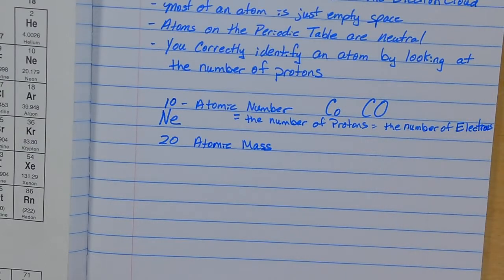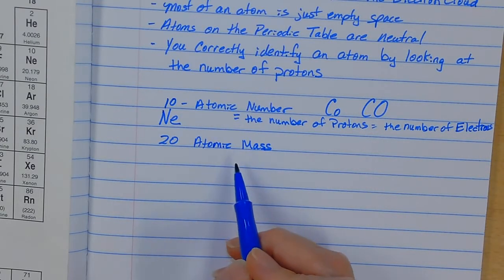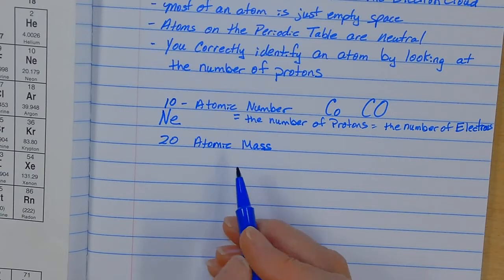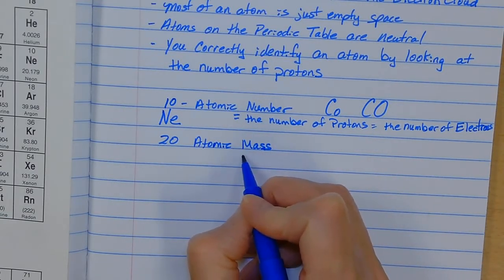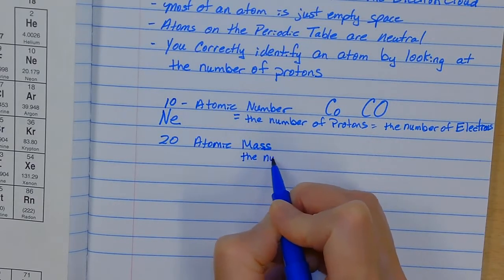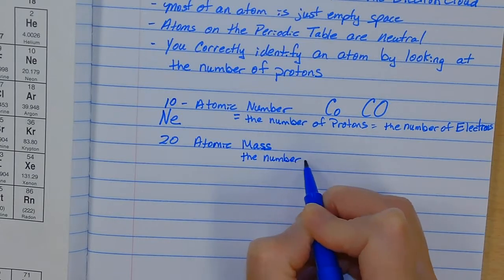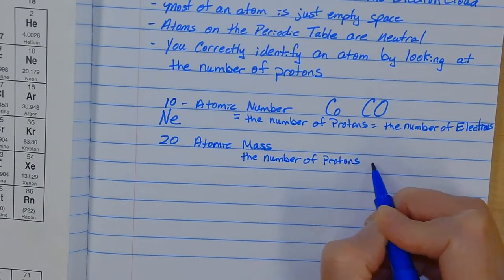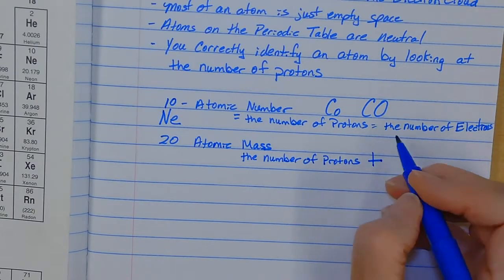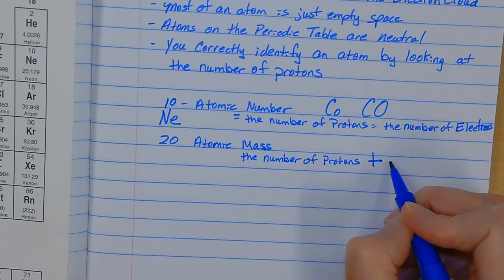Your atomic mass is the number of protons plus your number of neutrons.